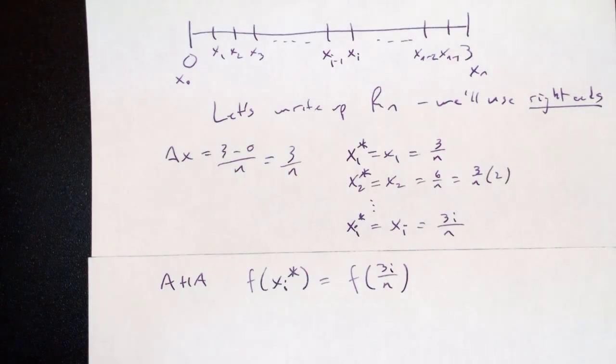That's the x value I'm going to plug in to get a height. Every time. Not just once. I don't have to calculate a different value. I can try and write this as that Riemann sum. I have an expression that involves i.